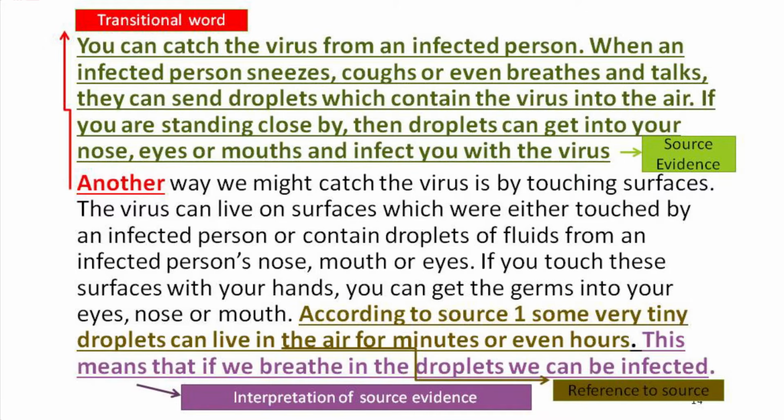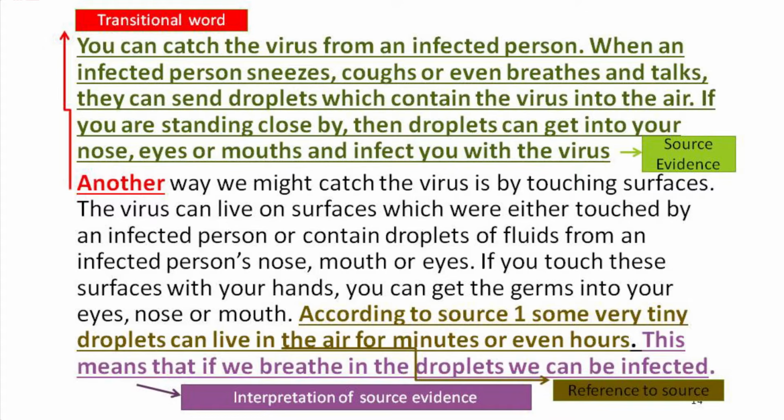So for this piece, we are reading as a reader, and then we're going to read as a writer. And it says, you can catch the virus from an infected person. When an infected person sneezes, coughs, or even breathes and talks, they can send droplets which contain the virus into the air. If you are standing close by, then droplets can get into your nose, eyes, or mouths and infect you with the virus. Another way we might catch the virus is by touching surfaces.